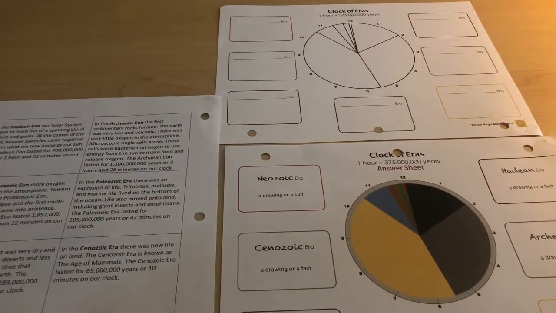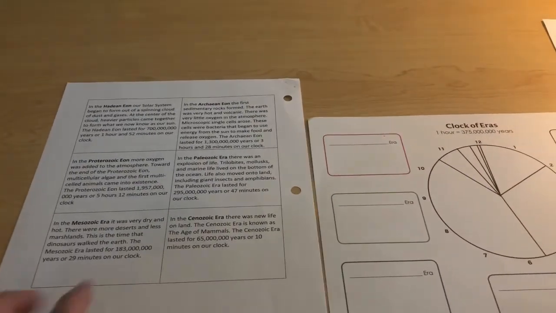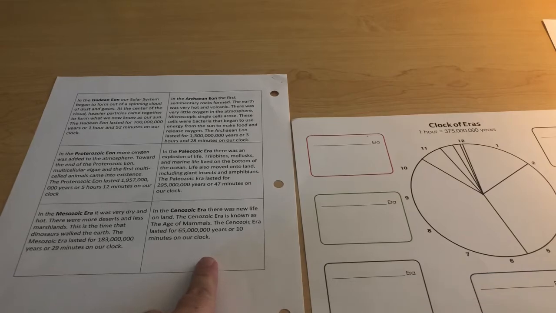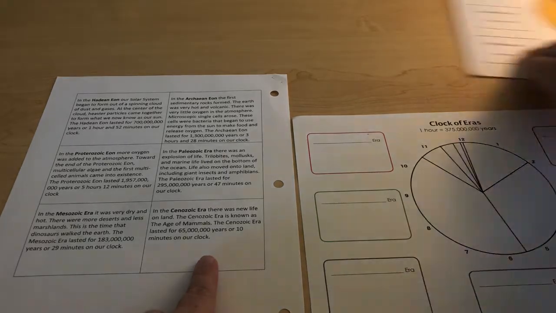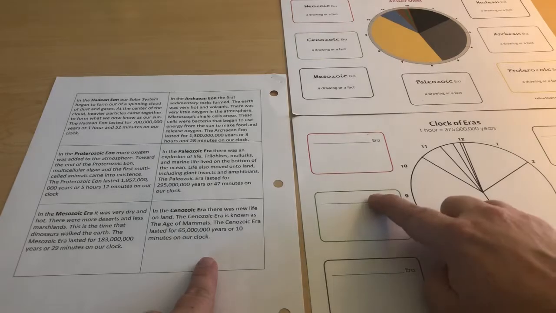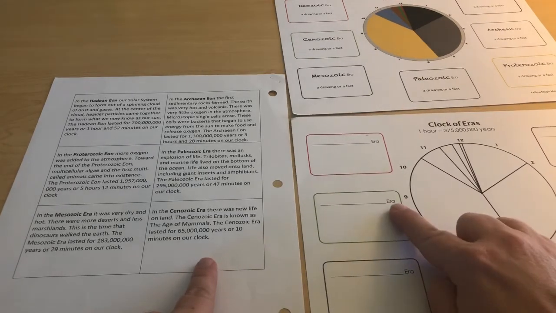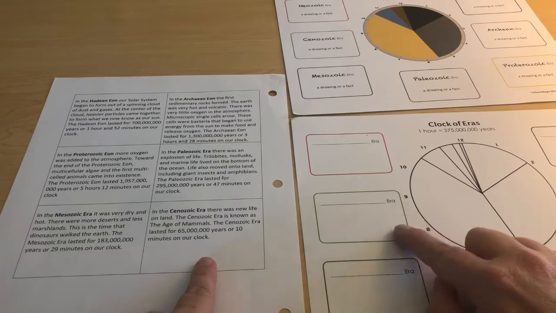So after you label, second and third years, you are then going to use your research cards to write a fact. For example, if I was going to look at the Cenozoic era, which I know is green from looking at my control chart, I would label it Cenozoic, era is already written for me, and then I'm going to put a fact here.